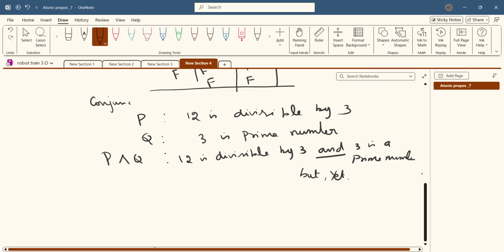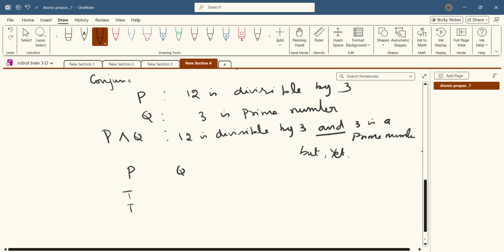The truth table for conjunction is P and Q. So here the first column is 2 trues followed by 2 falses, and the second column is 1 true followed by 1 false. So how are we going to write the conjunction of these two statements?